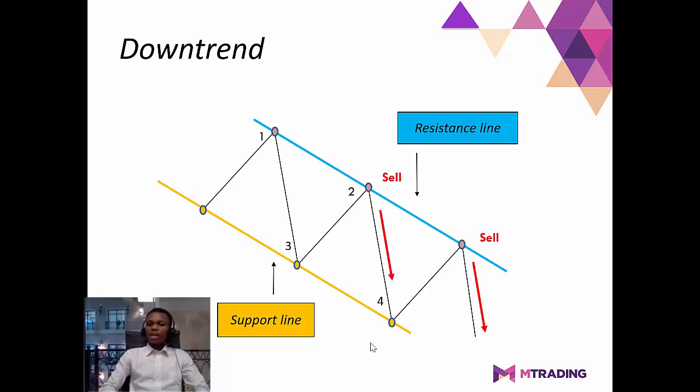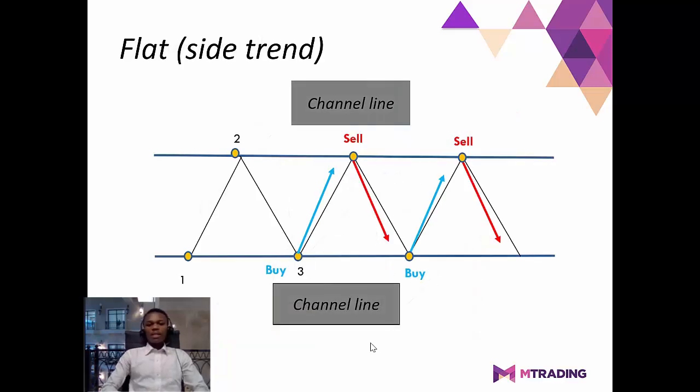I repeat again, there are a lot of other things that play in our decision making. We don't just make a decision because the price has hit the resistance line or the support line. Now on a flat market, it's the same thing. From point 1 to point 2, all the same as from point 3 to point 4.